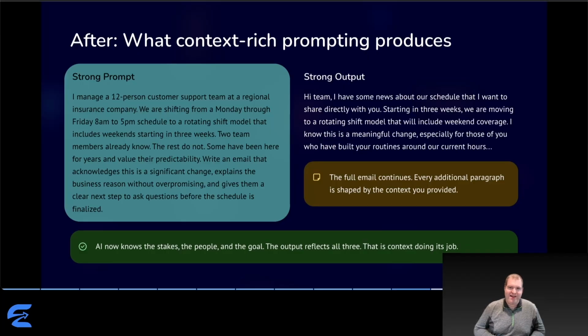That isn't generic. That's a manager addressing people they know about something that matters to them. The model arrived at that tone because the prompt told it who these people were and what they were about to hear. The context didn't just change the words, it changed the entire starting position.